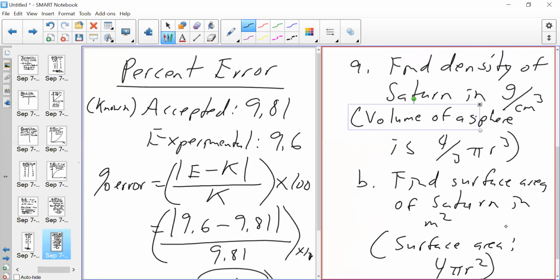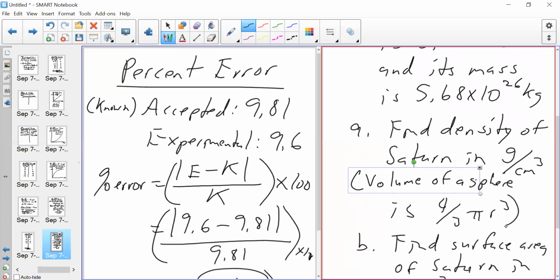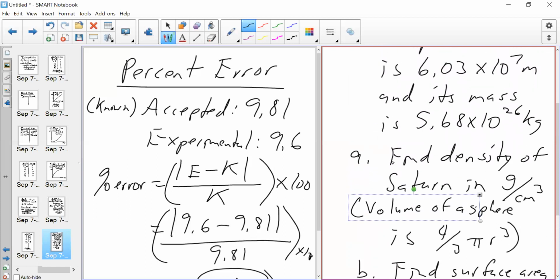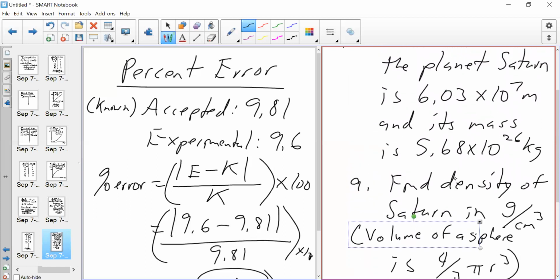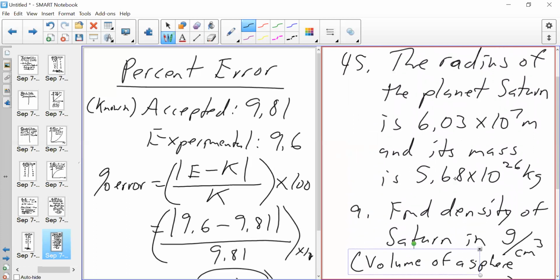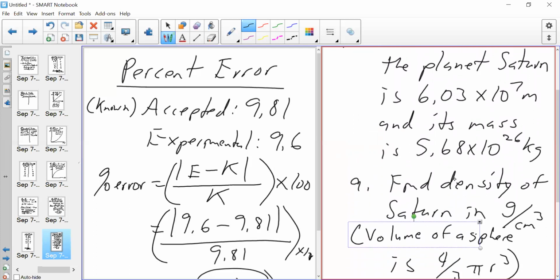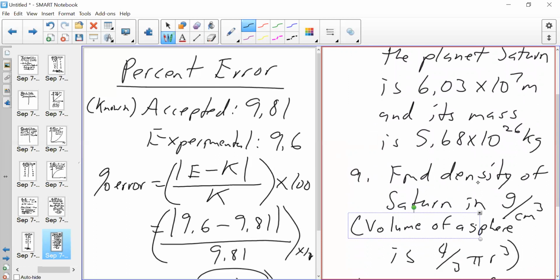All right, so that's it. Part A is the most important. Radius of Saturn, 6.03 times 10 to the 7th. The mass is this. Find density.